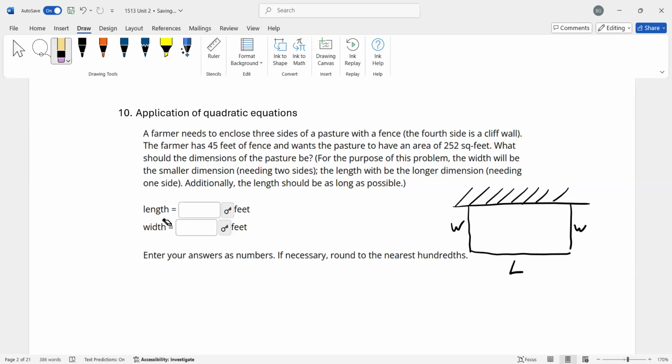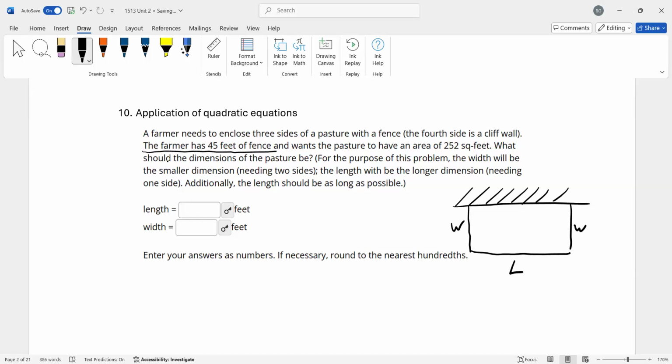We are going to only use one variable, all right? Let's say we bring x into the problem. Do you want to use variable x to represent the width or length? What other information do we have? We know the farmer has 45 feet of fence.